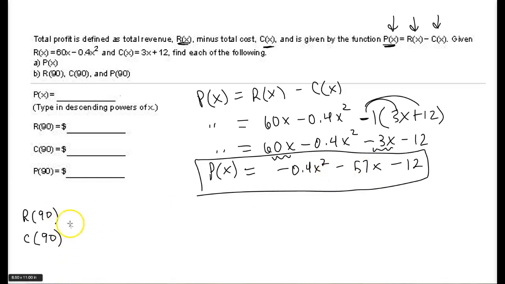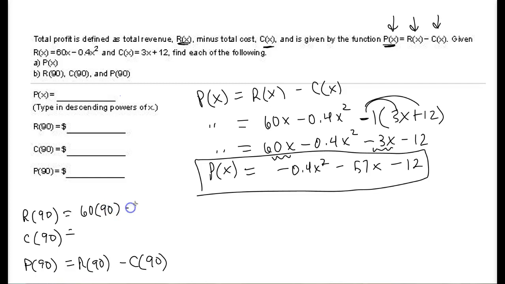We can just subtract these two answers here, because we know that p of 90 is just r of 90 minus c of 90. Okay? So figure out what r of 90 is. We'll plug in 90 everywhere where we see x.